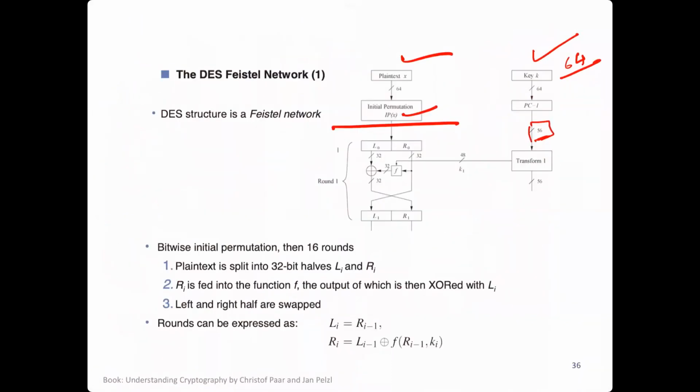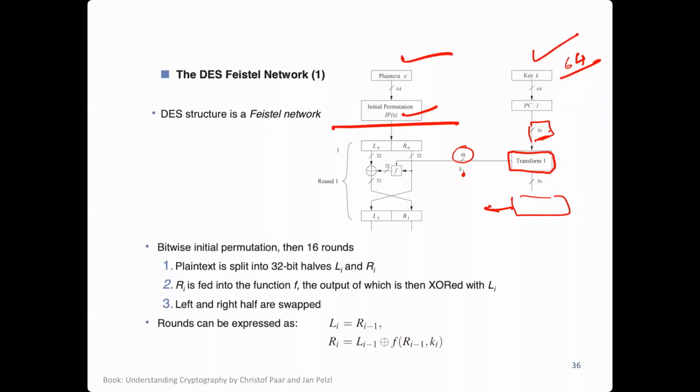But overall the input is 64 bits, and then we have a transformation function here, and from this we generate a 48-bit key. Note that this is the first phase. For the second phase we also generate a sub key using another transformation function, and then the second key will be generated. Take this key, and then we have to apply it to the data here.